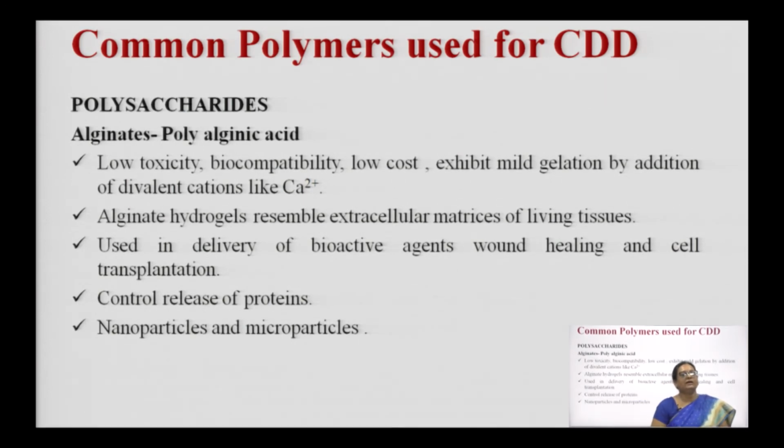They are used in delivery of bioactive agents, particularly in the form of alginate beads. They control the release of proteins and they can be used in fabricating nanoparticles and microparticles. An important application of alginates is in delivery of bioactive agents for wound healing and cell transplantations. They have been used in bone marrow transplant.